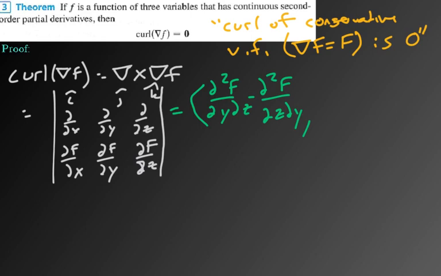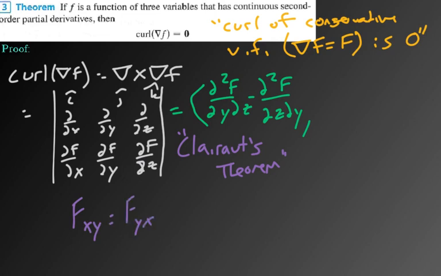There's a theorem we learned back in chapter 14, I think it's spelled Clairaut's theorem. Basically it said that f_xy equals f_yx. So mixed partials are the same. That's what this theorem said.